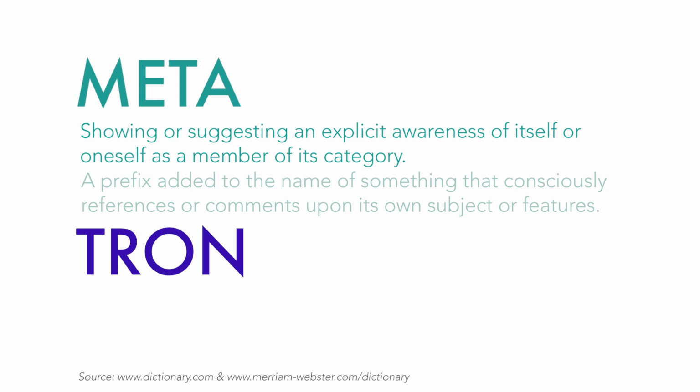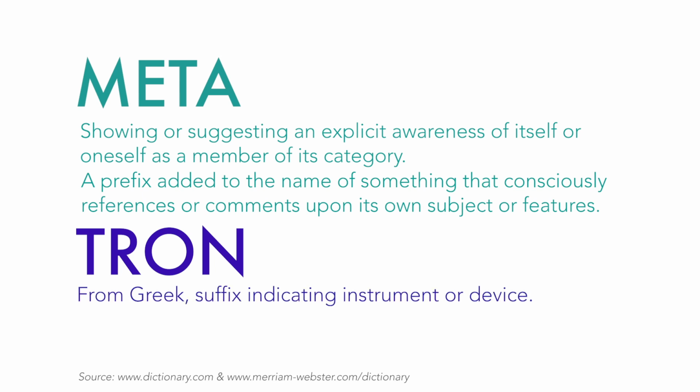It is usually used as a prefix added to the name of something that consciously references or comments upon its own features. Tron, on the other hand, from Greek, is usually used as a suffix indicating instrument or device.